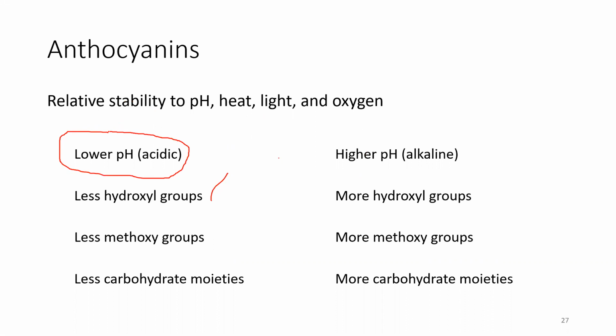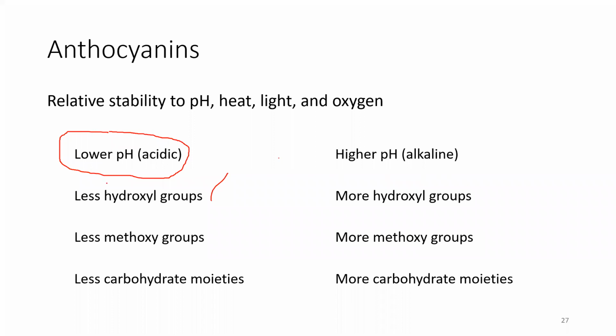So they're going to lose their color at alkaline pH, and I even showed that we can open up those rings at alkaline pH, and so we get some degradation. So just like a lot of things that we've looked at, vitamins, minerals, all of those things, they like a slightly acidic pH.